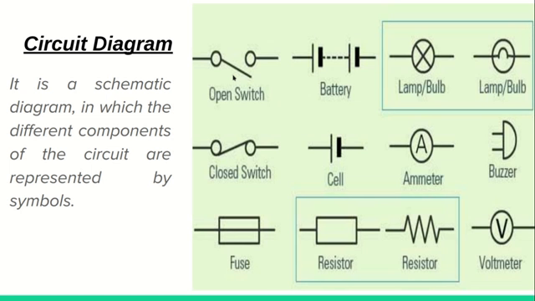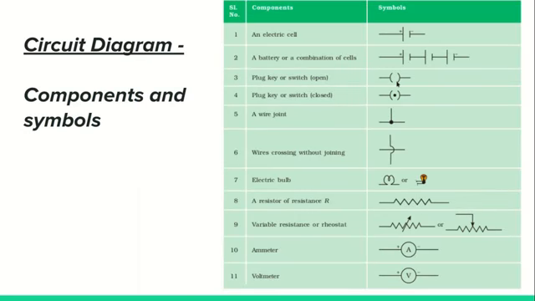Also the switch, you can see that it is represented here as this, the closed switch, and this is the open switch, whereas on the other page you would have seen that it is represented as these switches or plug keys. This is the resistance. What is it? We will come to it later.